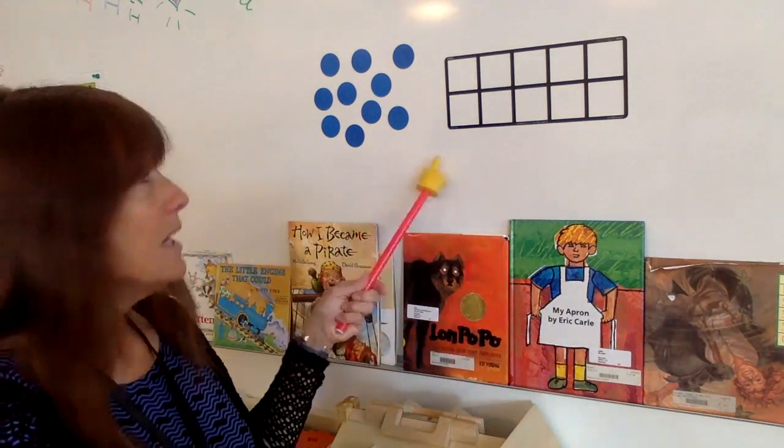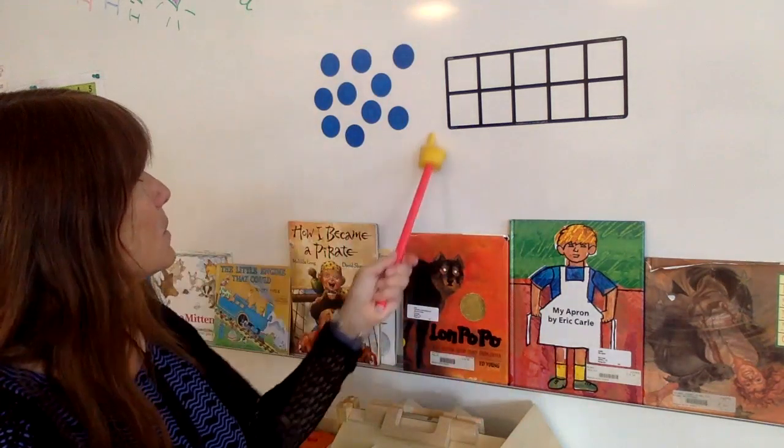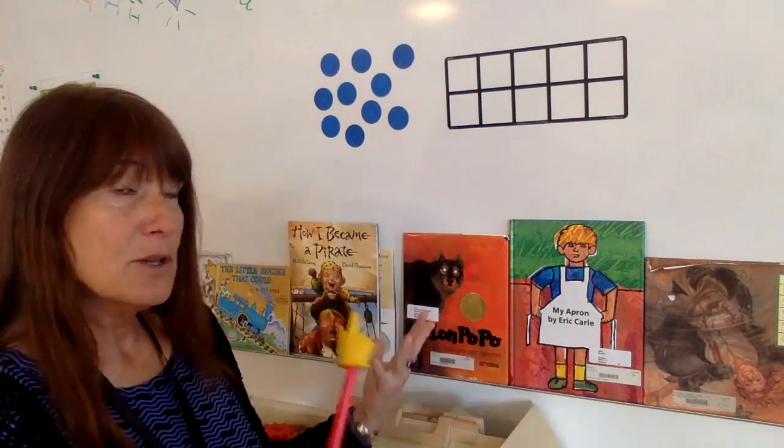So the first thing I'd like you to do is to take a look at these magnetic dots. There's a whole group of dots here. If you just looked at that, could you tell how many dots there were right away without counting? Remember how we subitize? That's a hard group of dots to subitize, isn't it?